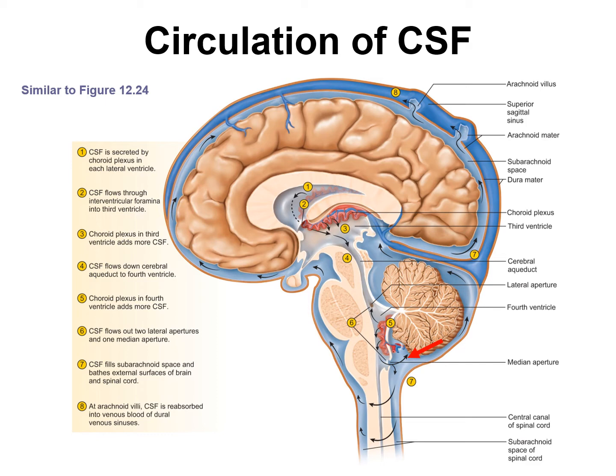Cerebral spinal fluid then circulates through the subarachnoid space around the brain as well as around the spinal cord and is returned to the blood supply at the arachnoid villi. Normally, production of cerebral spinal fluid equals the reabsorption of cerebral spinal fluid back into the veins of the cardiovascular system.